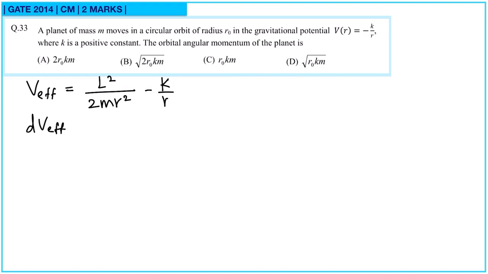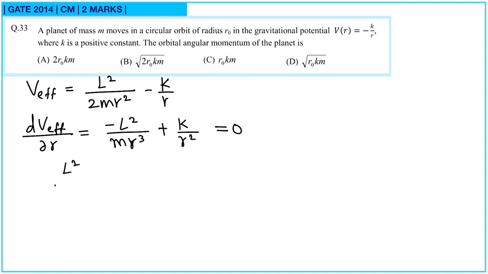Let's take first derivative. So dou V by dou r is equal to minus L square by m r cube plus k by r square, and this should be equal to 0 for stable orbit. So from here we see L square upon m r cube is equal to k by r square.